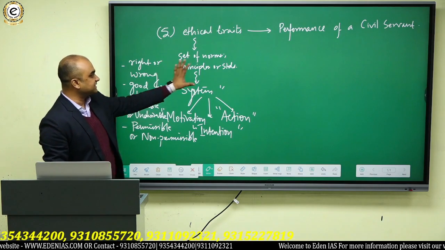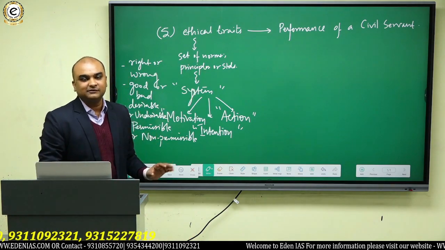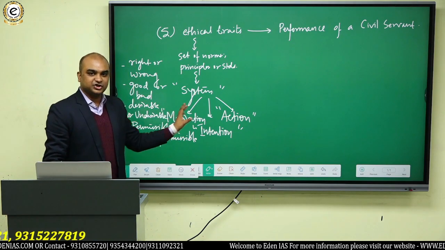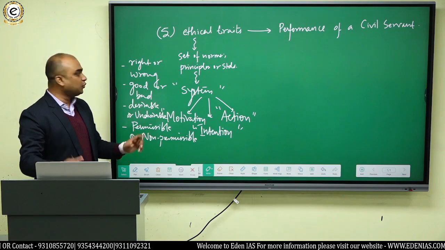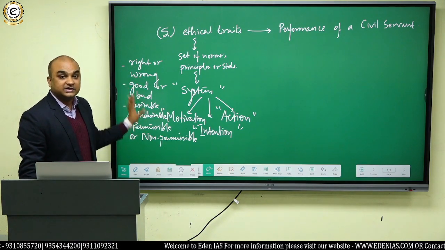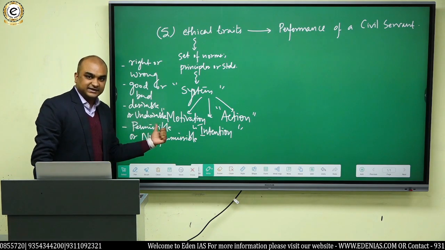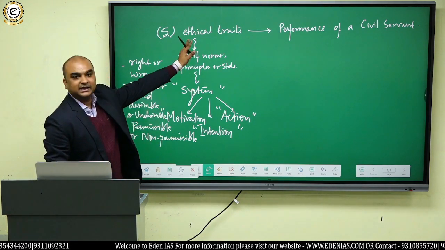Ethics is nothing but a set of norms, standards, principles which any system imposes over itself and in the light of which motivation, intention, actions are judged from the point of view of right or wrong, good or bad, desirability or undesirability, permissibility or non-permissibility. Do you understand that? That is the meaning of the term ethics.